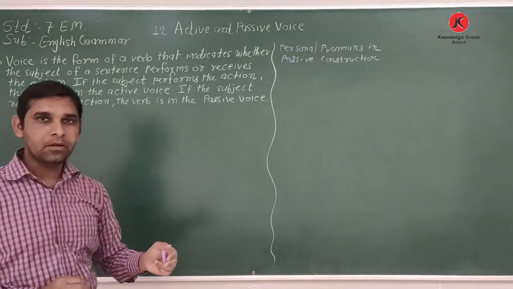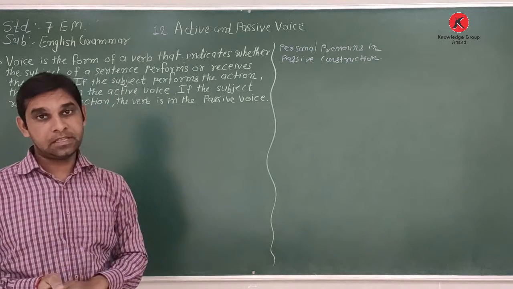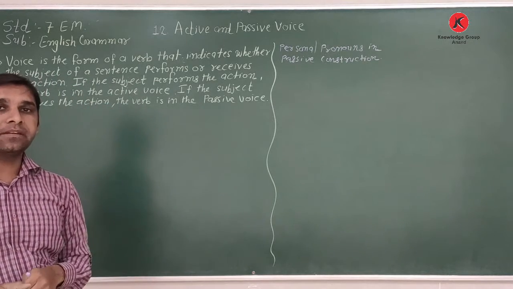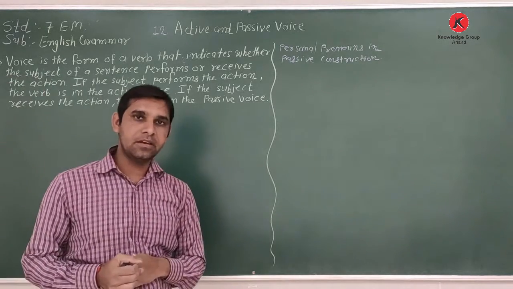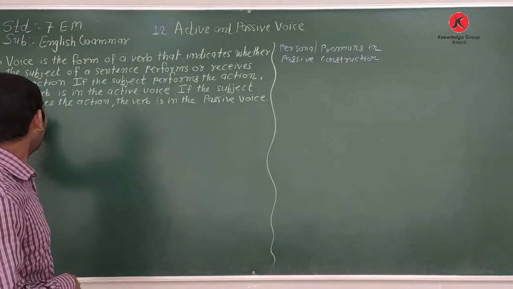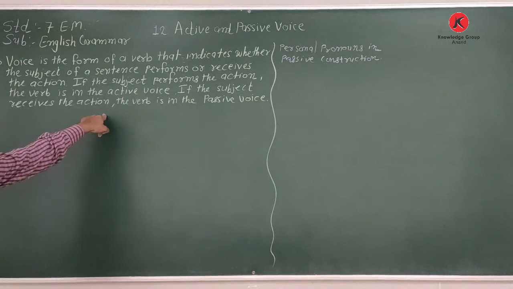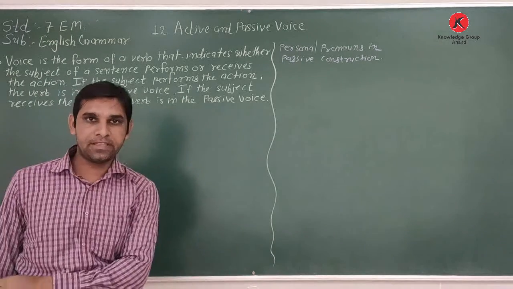If the subject performs the action, it is called active voice. If the subject receives the action, it is called passive voice. If the subject performs the action, the verb is in the active voice. If the subject receives the action, the verb is in the passive voice.